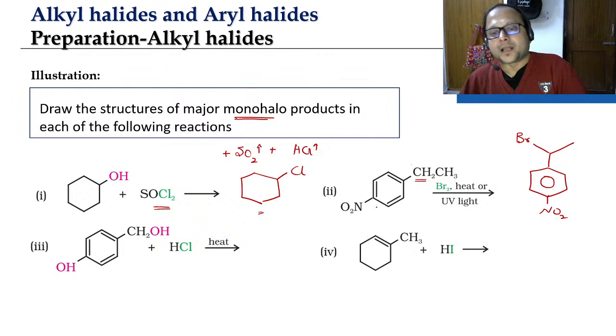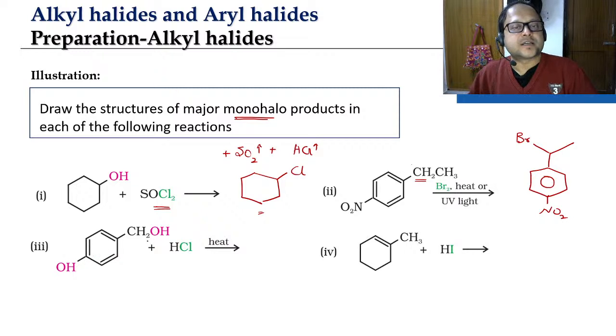Okay, third one, you can see that there are 2 OH, so by mistake we may remove both the OH, but we should not do that, because any OH on the benzene ring cannot be substituted so easily under room temperature conditions, under ordinary conditions, right?